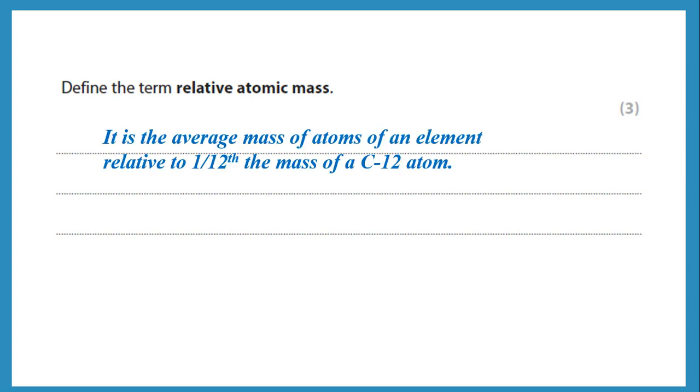The relative atomic mass, which is the mass number that we have in the periodic table, is the average mass of atoms of an element relative to 1/12 of the mass of a carbon-12 atom. This is the atom that we use as a reference. So we use the carbon-12 as a reference to determine the average mass of atoms of any element.